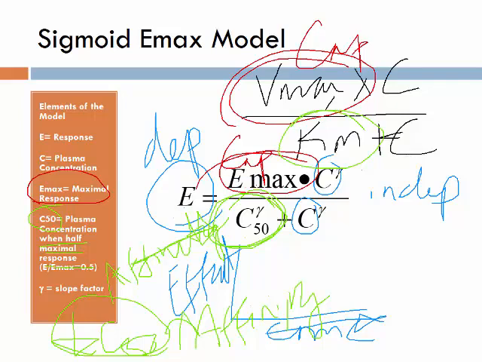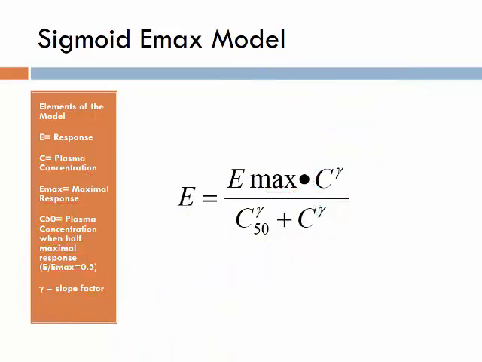So the only thing that's kind of odd in this model, and it's what makes it the most complex model, is this slope factor, which is a log or an exponent that has been added to fit the data. The slope factor is used to fit data to this model, and it's what makes it the most complex model.